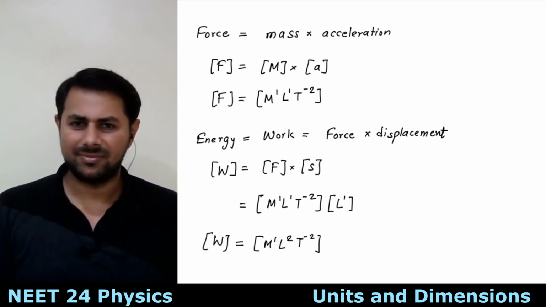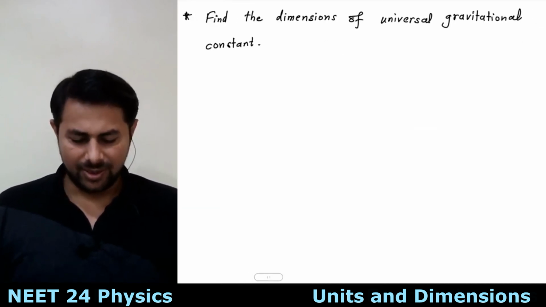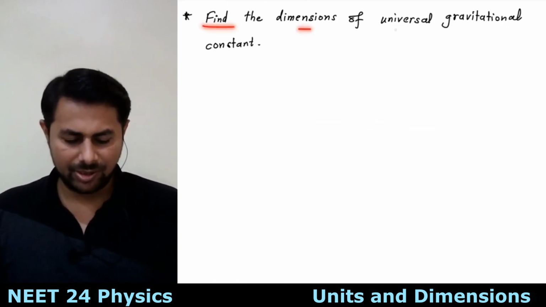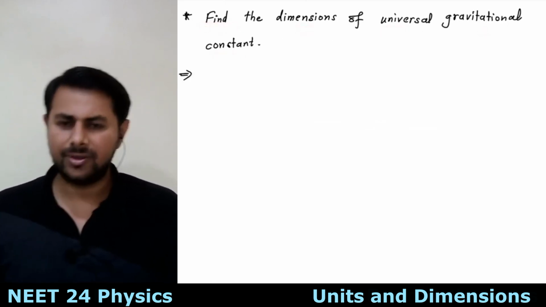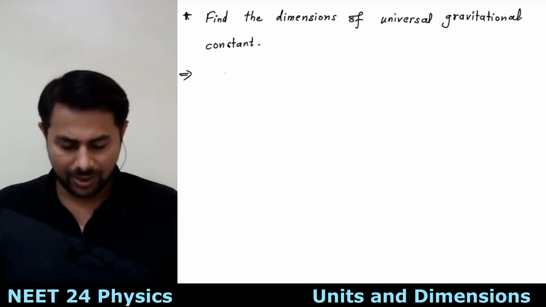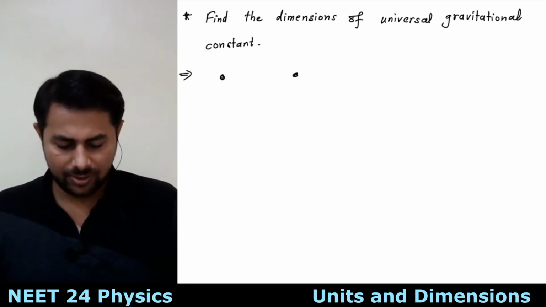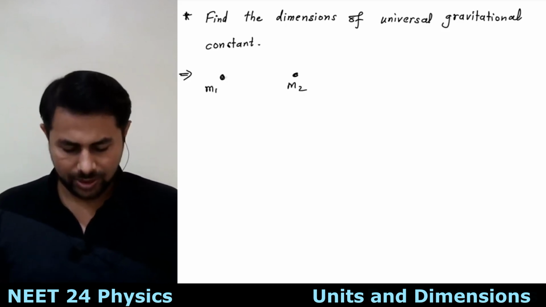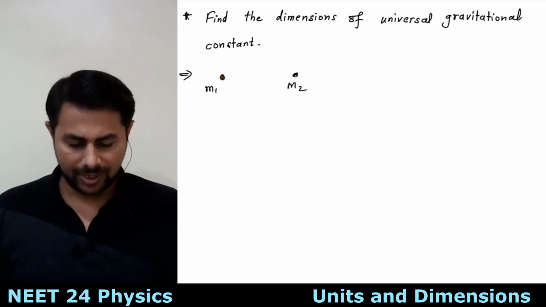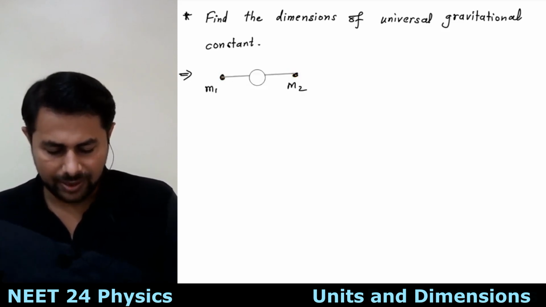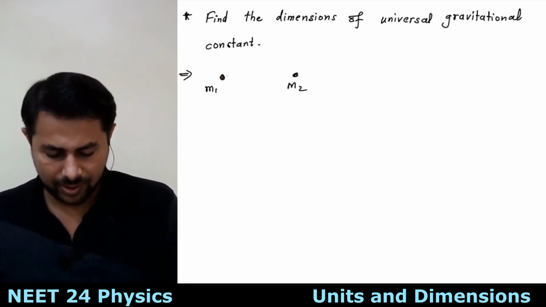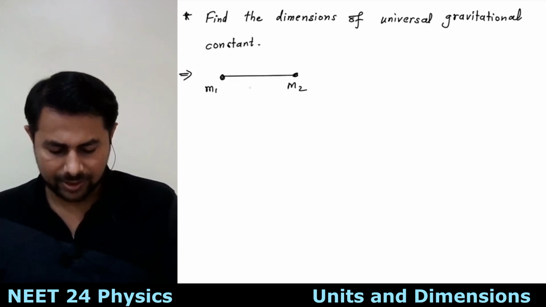Okay, all right. So for an example, find the dimensions of universal gravitational constant. So where does it come? So we have Newton's law of gravity, the force between two masses. Suppose one body has mass m1, there is another body which has mass m2, and they are separated by distance r.